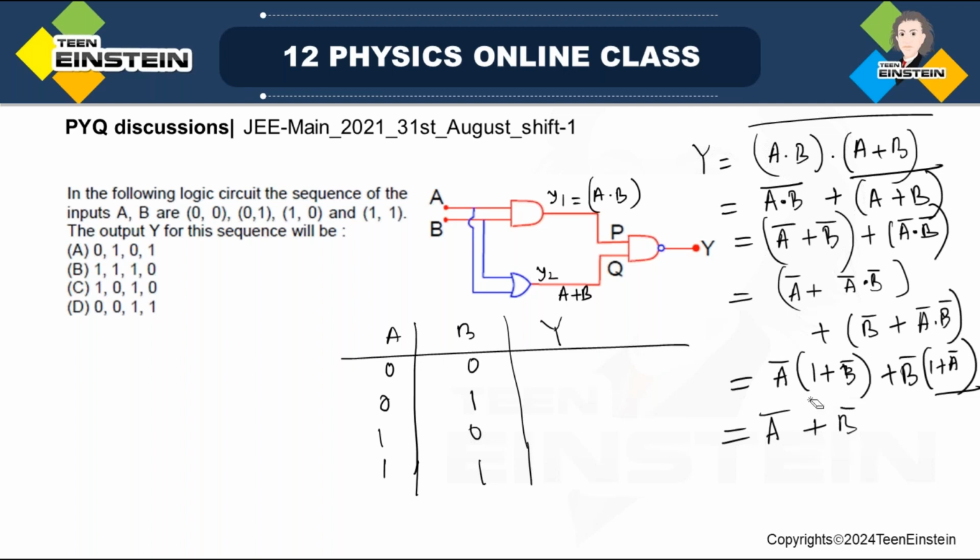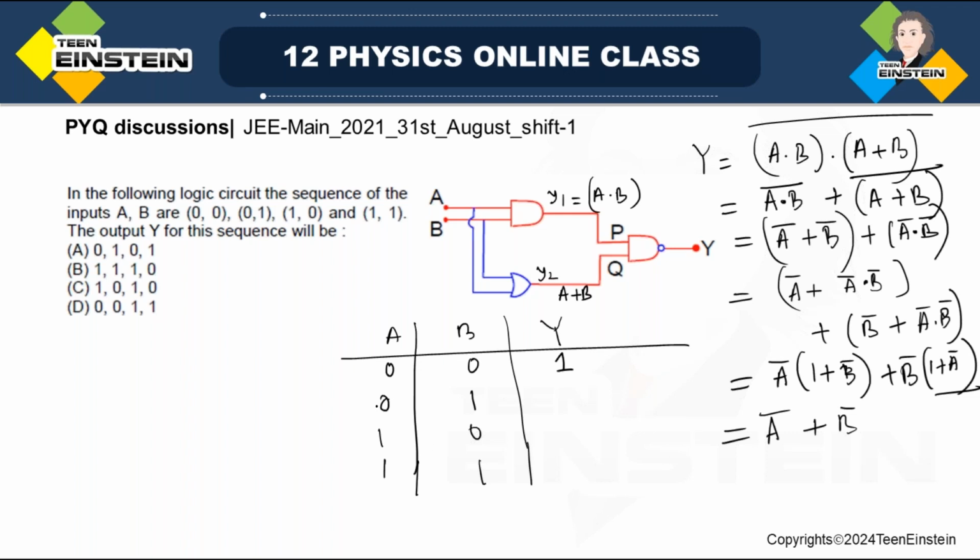So now let us see. A bar or B bar: if I put A and B both 0, that means 1 or 1, you will get 1.